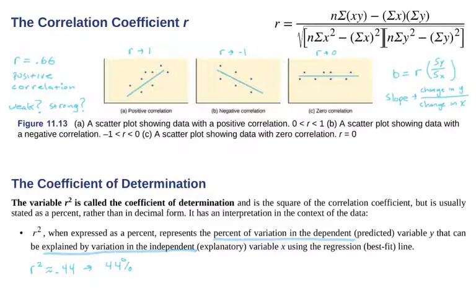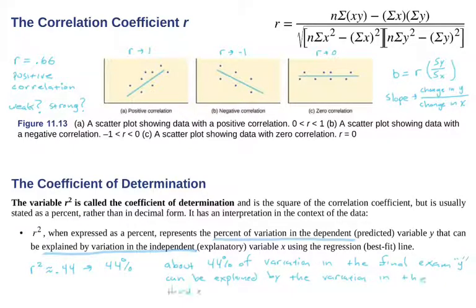Make sure your diagnostic is on to get the R and the R squared value. So we say about 44% of the variation in the final exam, which is our Y, can be explained by the variation in the third exam, which is our X here, if we were to use the best fit regression line.